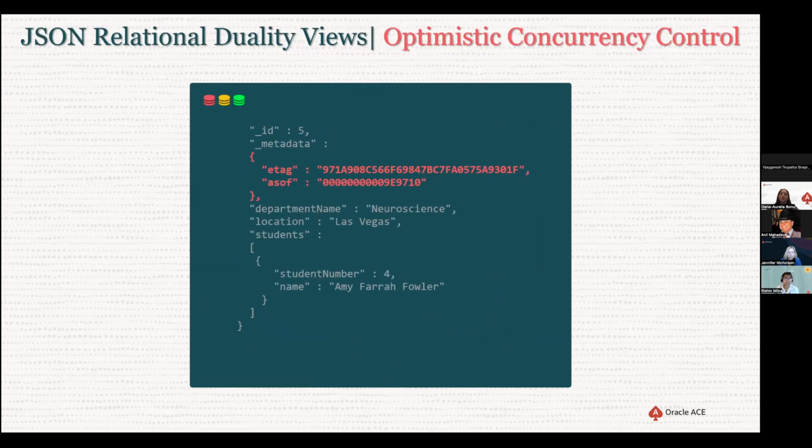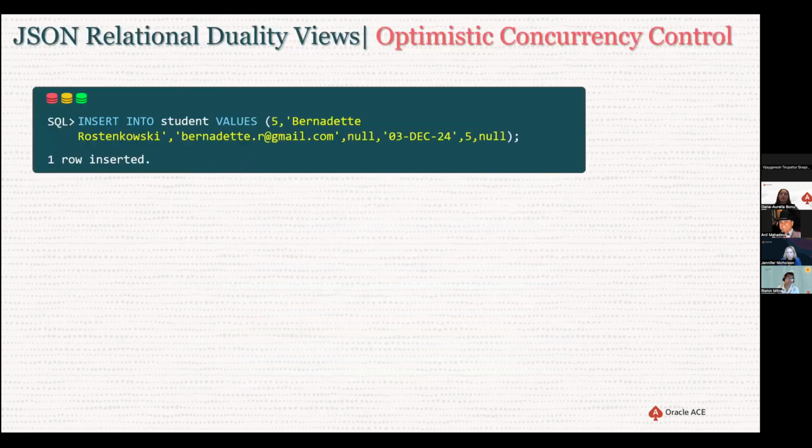Let's consider the e tag information here for a particular document for department number 5. What we are doing here is a direct insert into the table student.